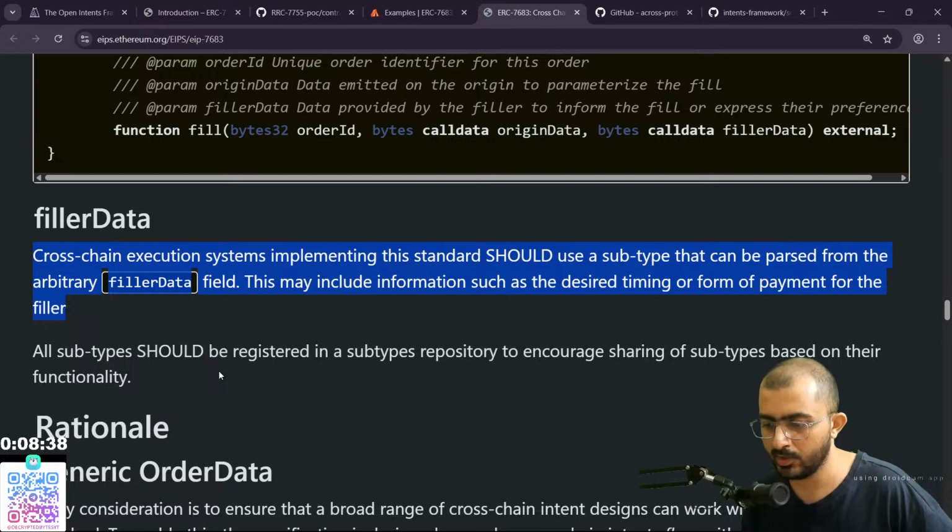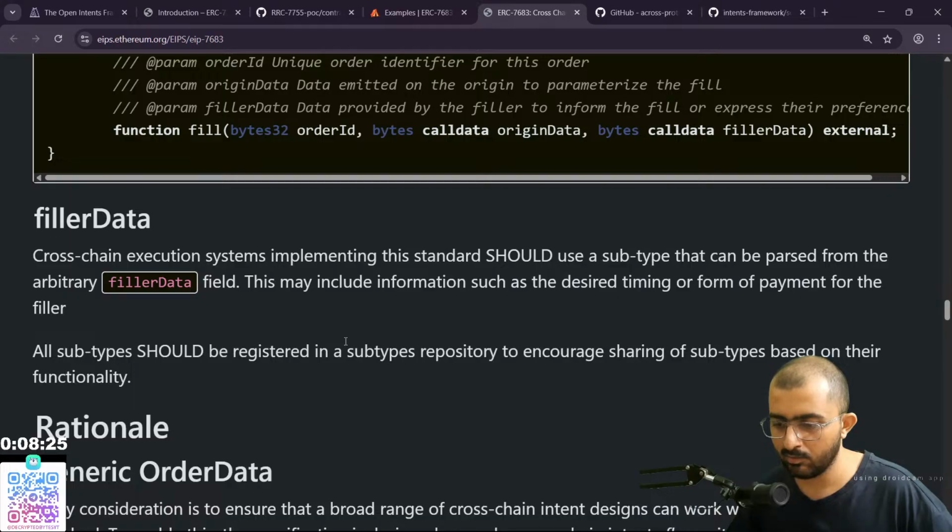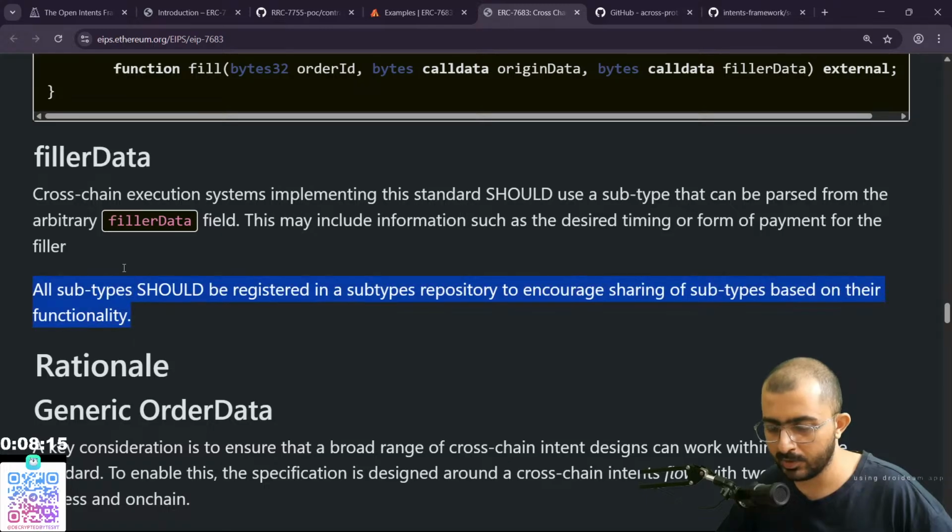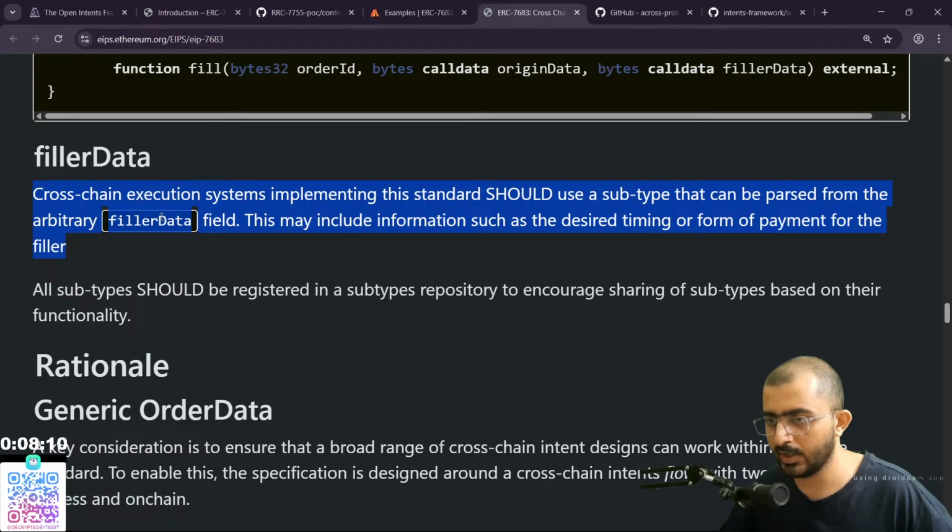This may include information such as desired timing or form of payments for the filler. Basically it's arbitrary data and we need to be able to pass it. That's the gist of it. All subtypes, and we'll know the details when we see the actual demo, not in this.